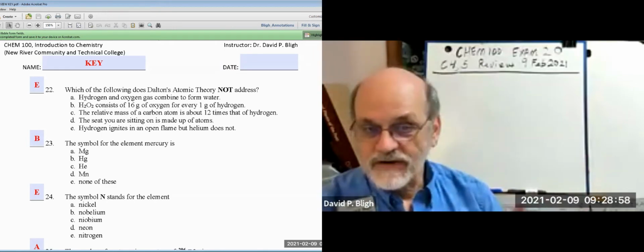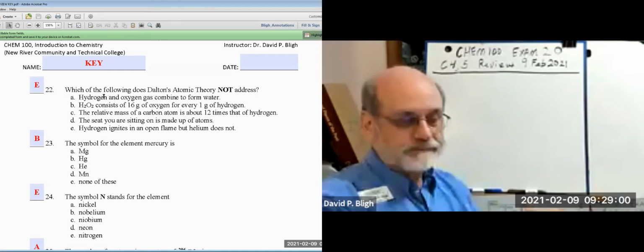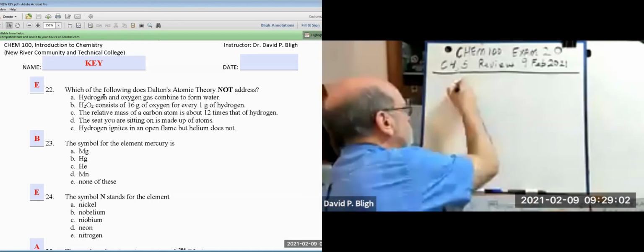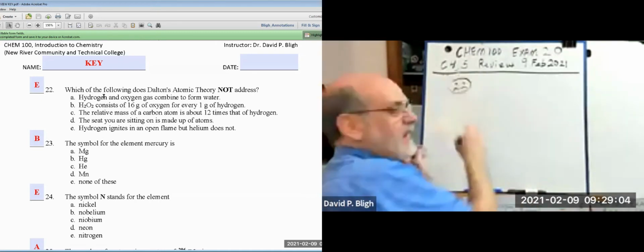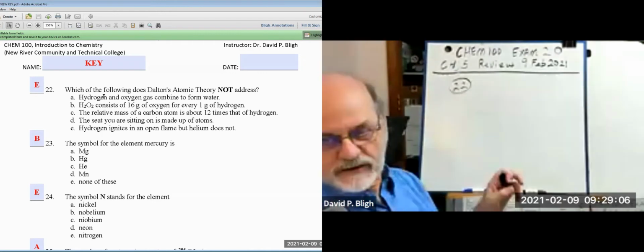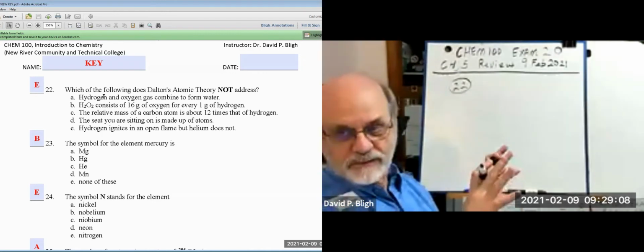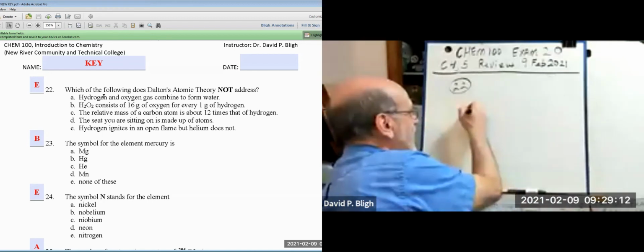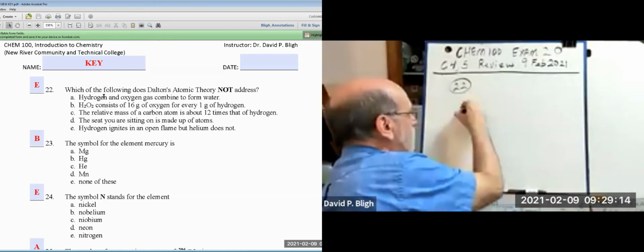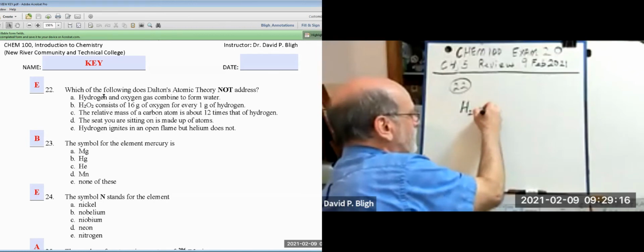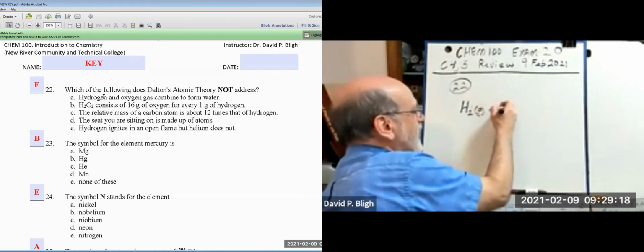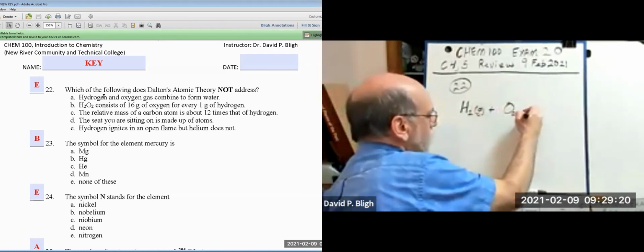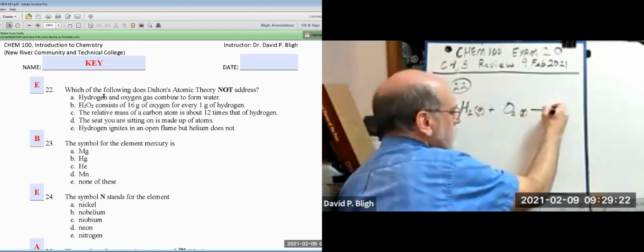So when you have hydrogen on one side, now he didn't know this, what I'm going to write up here, but this is derived from what he was talking about. He says hydrogen combines with oxygen to yield water.